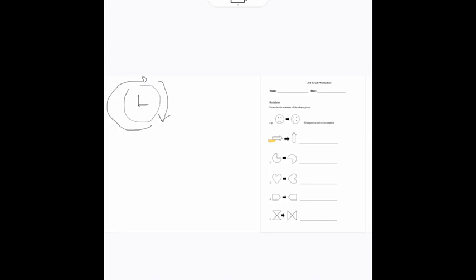But if you go the other way, like this, that would be counterclockwise. Counterclockwise. Okay, so let's look at number 1.